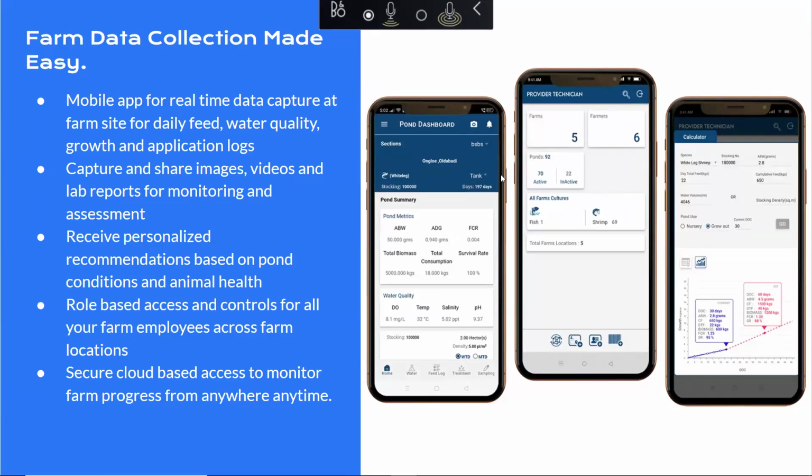In one or two ponds he will try this new feed, and in the rest of the farm he will use the old feed. During the culture itself, we can compare growth rates, whether the old feed regimen is giving a better growth rate or the new one is better. This kind of product efficacy insight he can get.